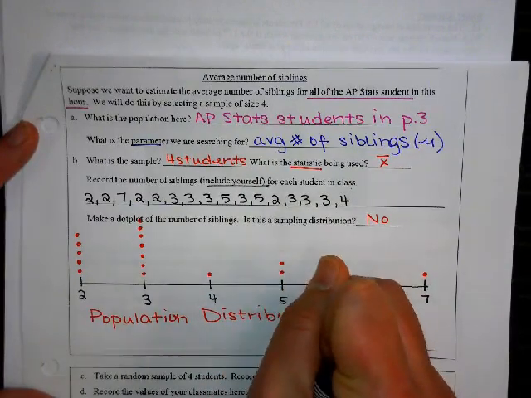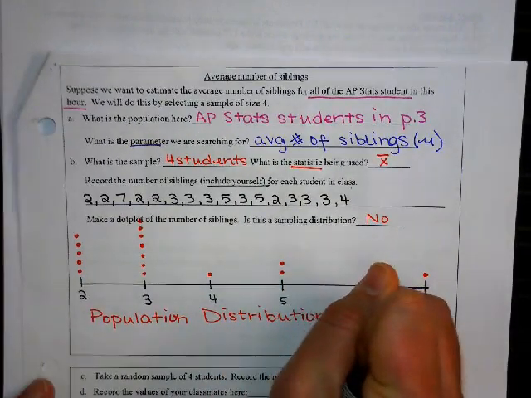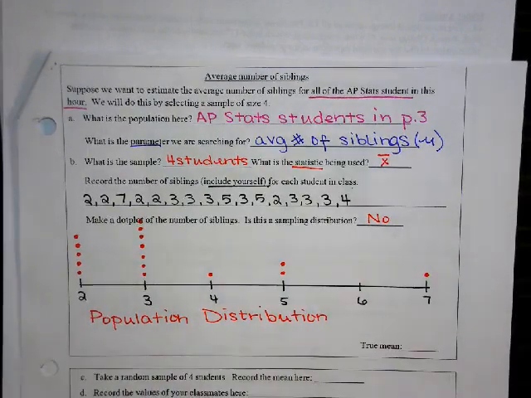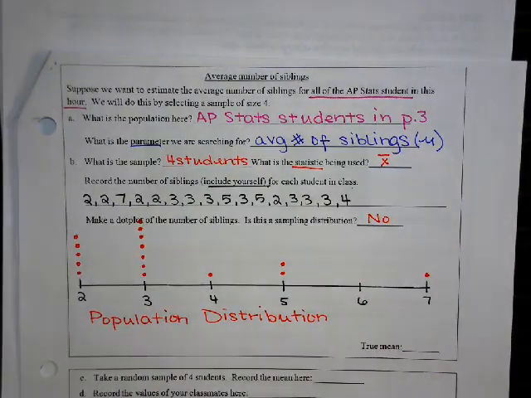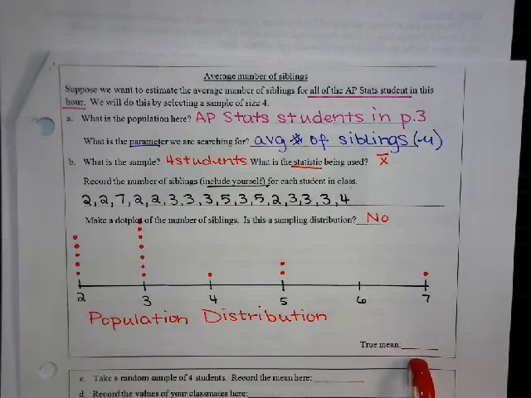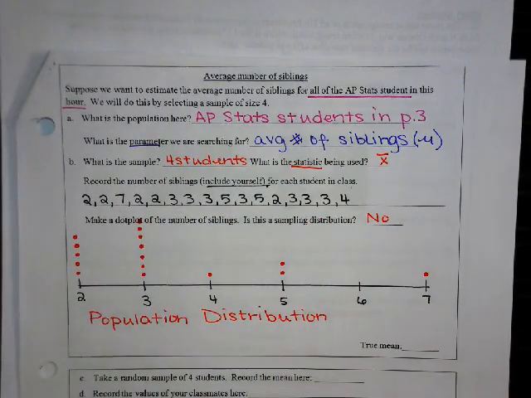So since it's a population distribution, we can find the true mean number of siblings for the class. So I want you guys to find the mean number of siblings, add them all together. There are 16 of you, so you're going to divide by 16.